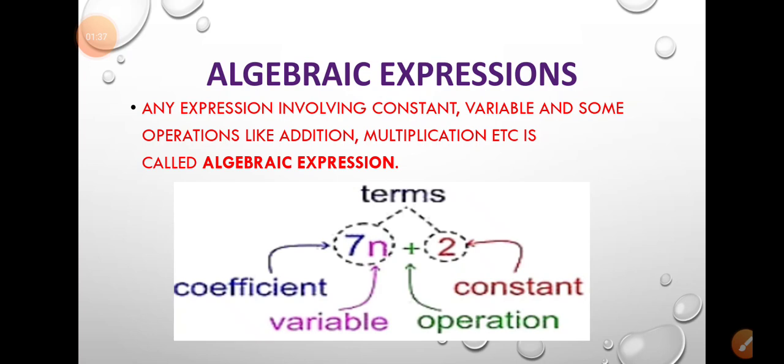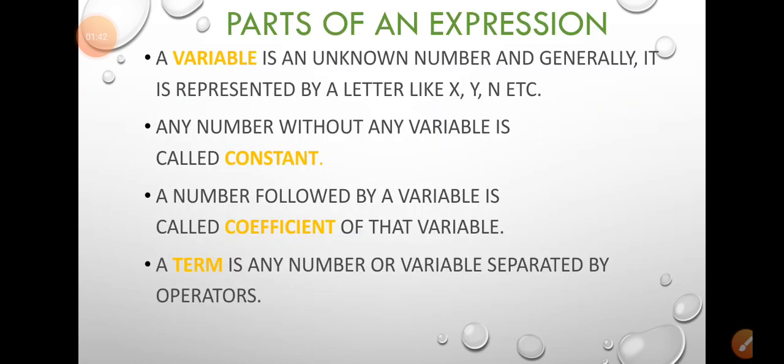So here we will study what are constants, what are variables, what are operations, what are terms and what are coefficients. The first part of an expression is the variable. What do you mean by a variable? The word variable comes from the word vary. Vary means keep on changing.